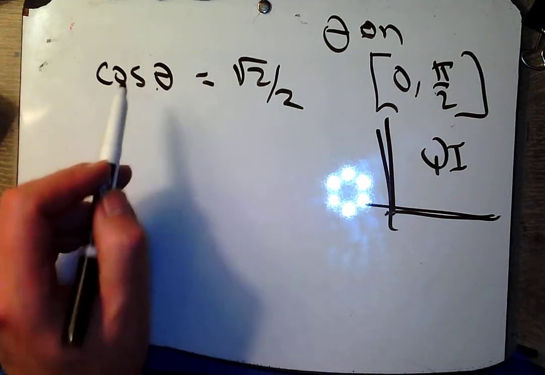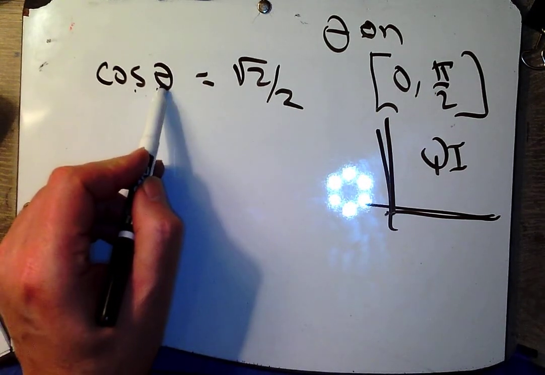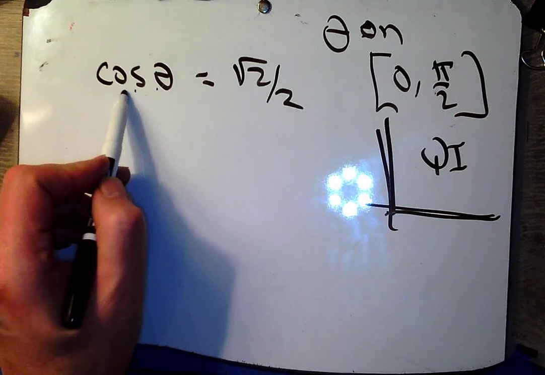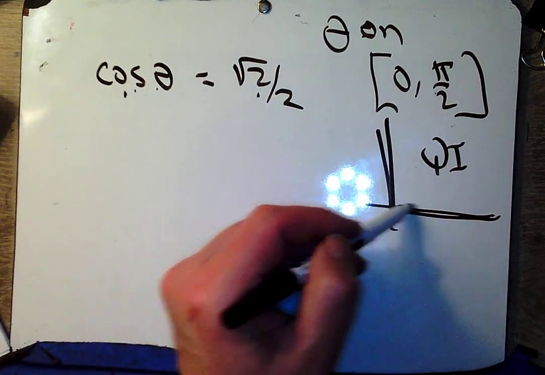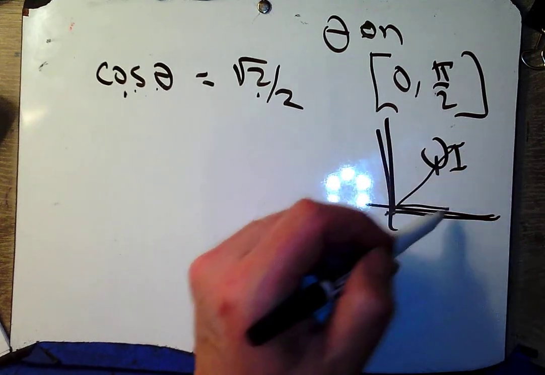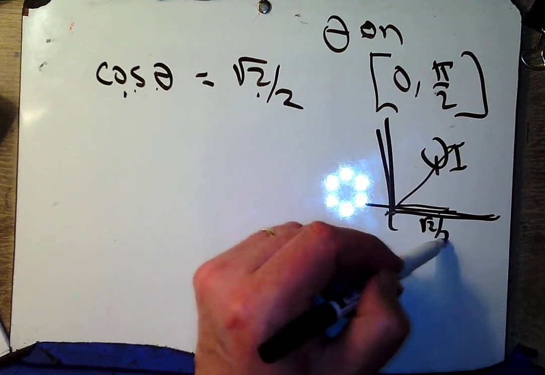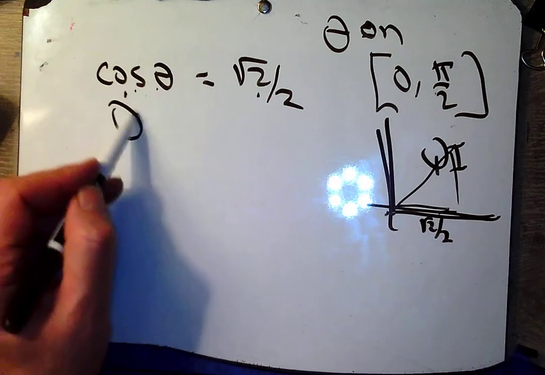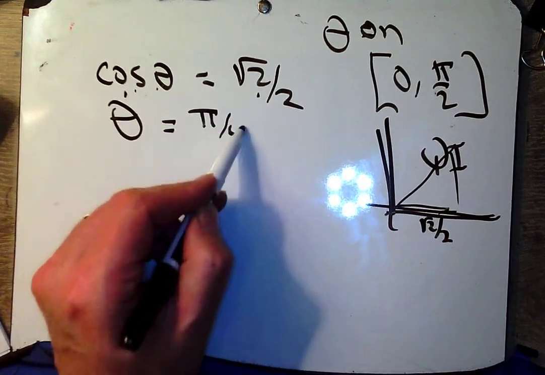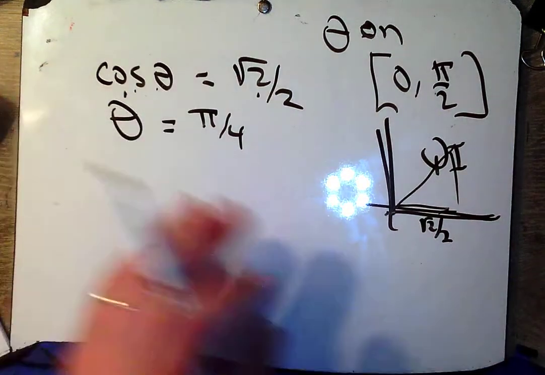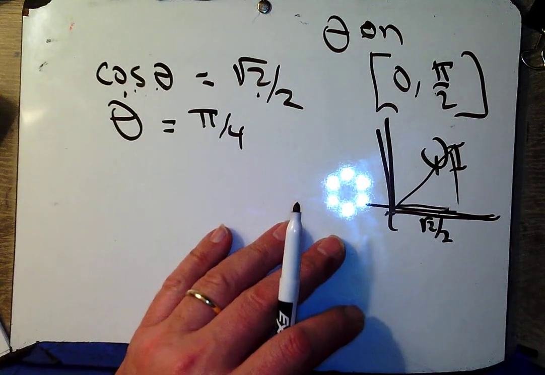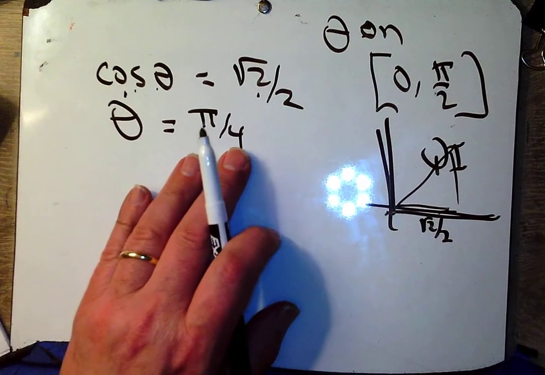Okay, so for what angle is the overness, or x value, root 2 over 2? Well, I know that happens at pi over 4. No, I'm not doing the inverse cosine here, because I don't need a calculator if I know my unit circle values.